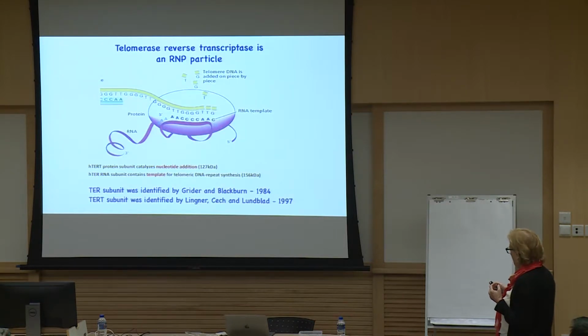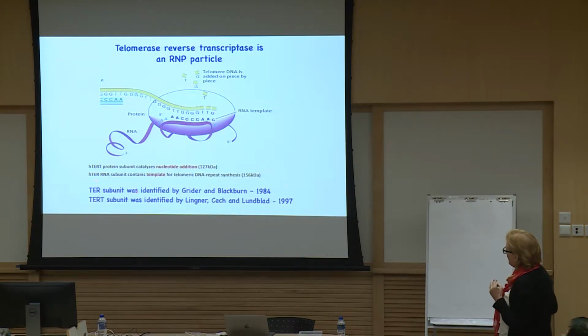It's a reverse transcriptase which carries its own template: an RNA molecule that encodes the template for telomeric DNA, which, I don't know if I made it clear, is incredibly repetitive. In humans we have TTAGGG repeated, so we have about 10,000 base pairs of DNA with this repeat.